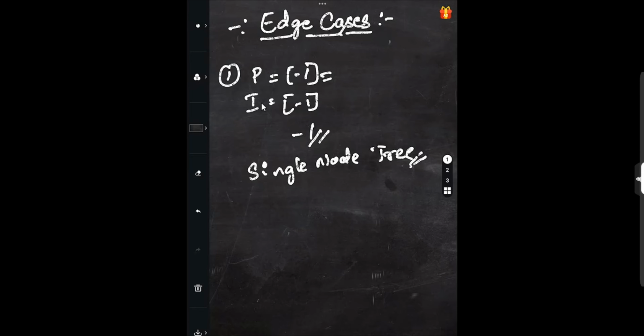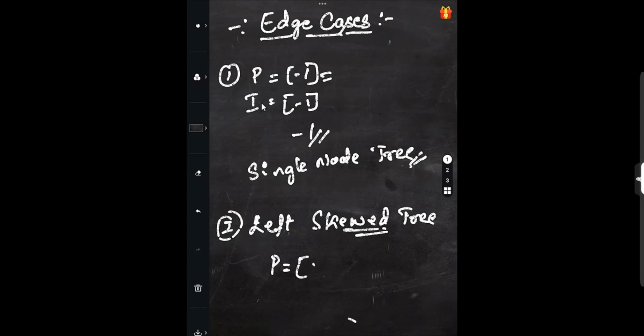This is fine. Let's move on with the second edge case. The second edge case is the left skewed tree. When I say left skewed tree, I'll consider the example preorder 5, 4, 3, 2 and 1.